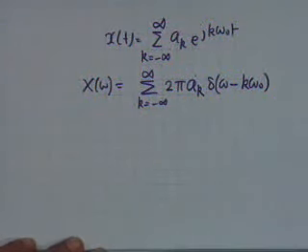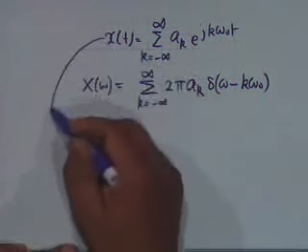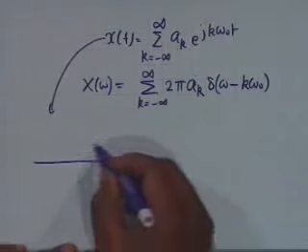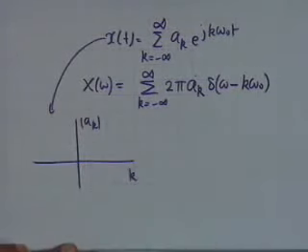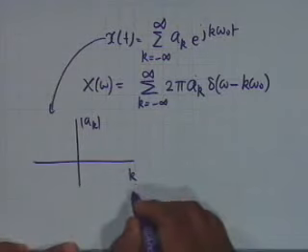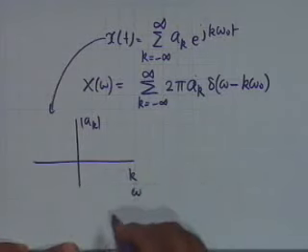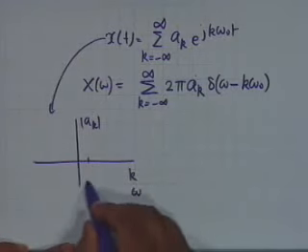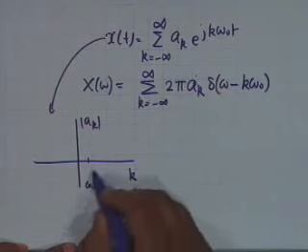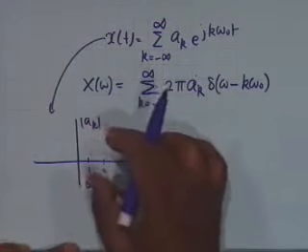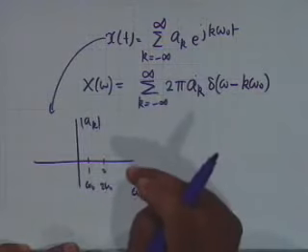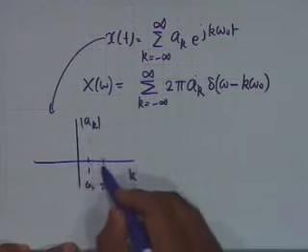For example, the magnitude spectrum: you plot a_k versus k or versus omega, and you have values at omega 0, 2 omega 0, k is 1, 2 and so on. It would be a line spectrum, that is, you shall have lines at k equal to 0, k equal to 1, k equal to 2 and so on.